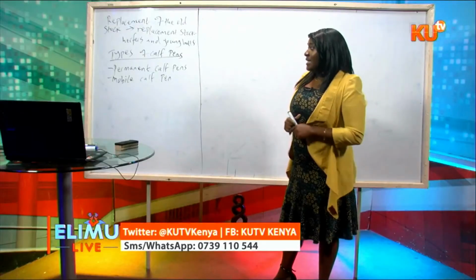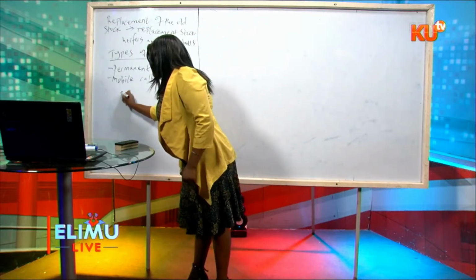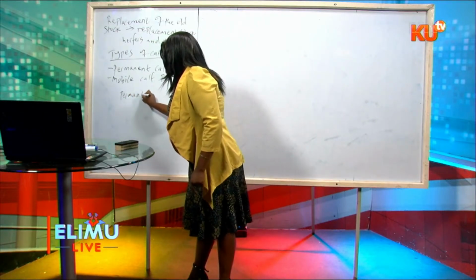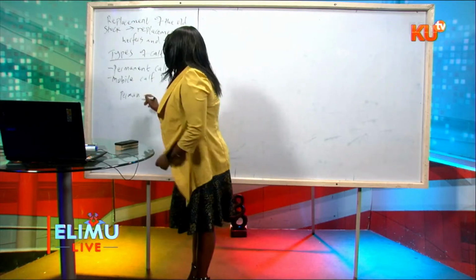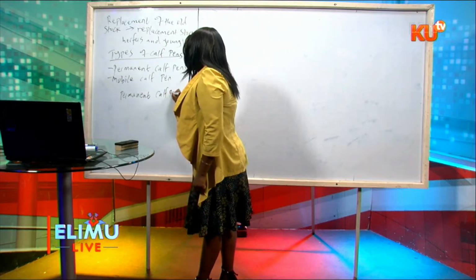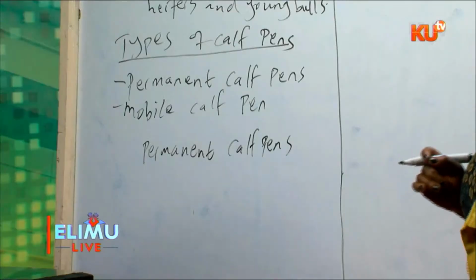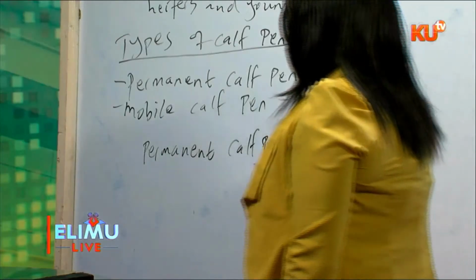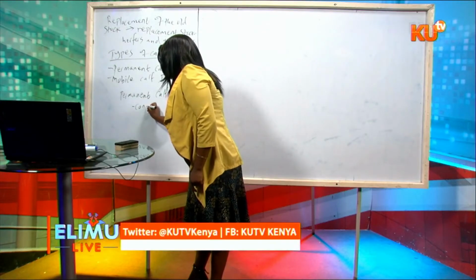Now, under the permanent calf pens, again, we have two categories. The first category is the one that has concrete floors.